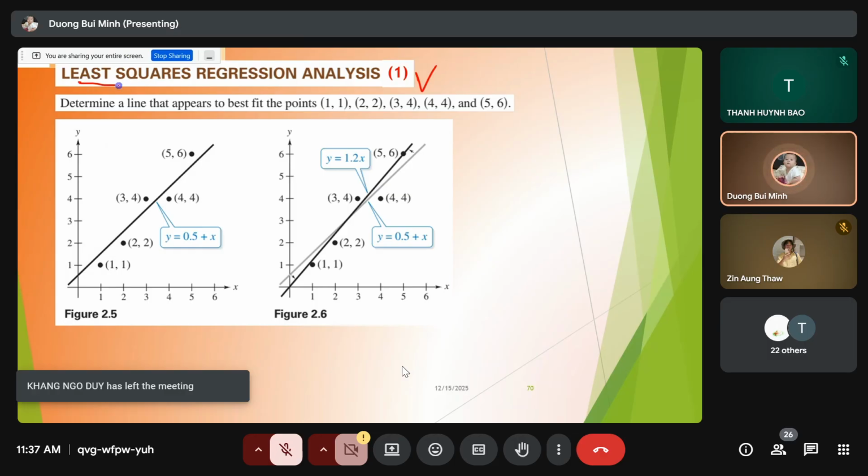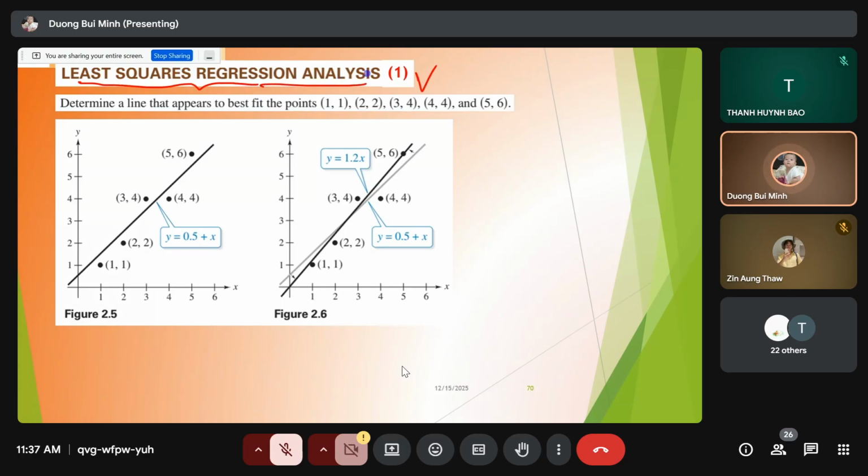We discuss least squares regression analysis. This one is very famous when we study machine learning, so if you study machine learning, we will come back to this regression analysis.